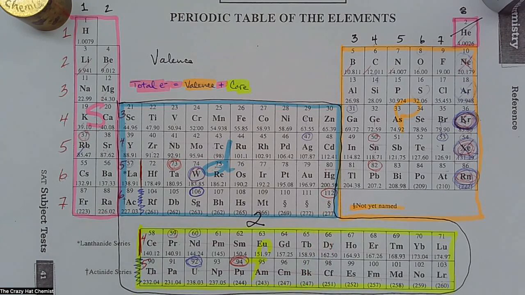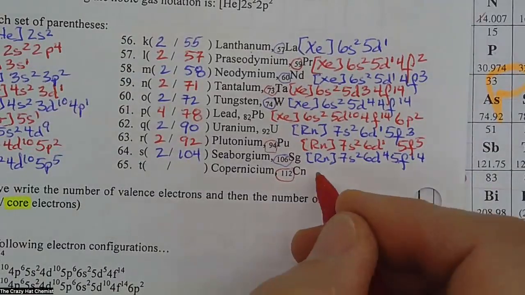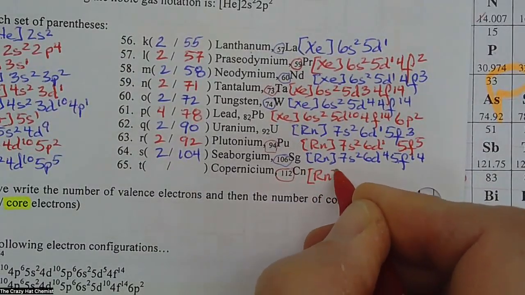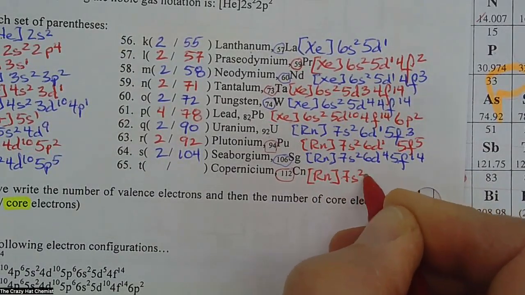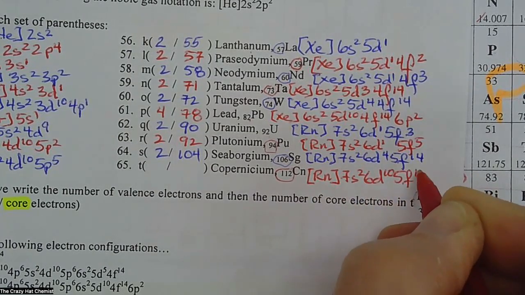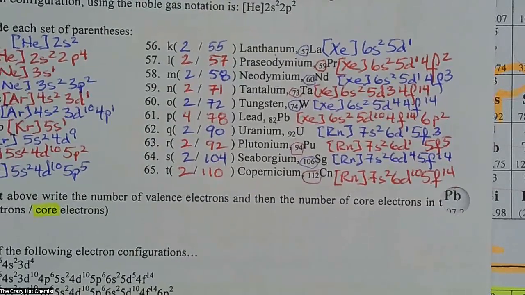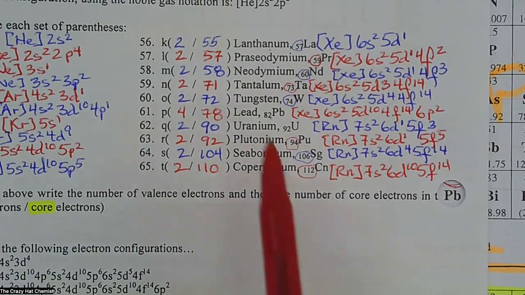So let's zoom in. That is Rn, 7s2, 6d10, and 5f14. This element is in the boot, so it has 2 valence electrons, and 112 minus 2 would be 110 core.